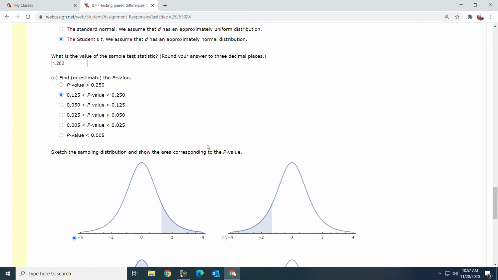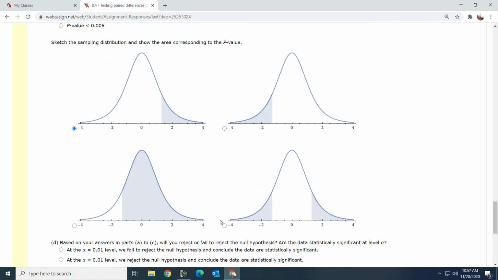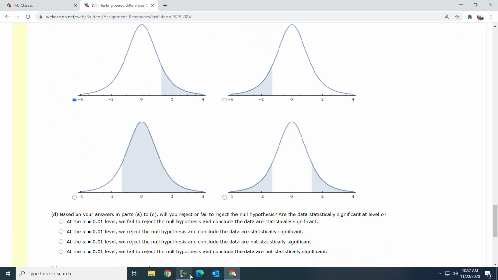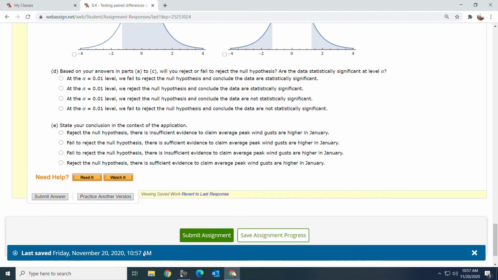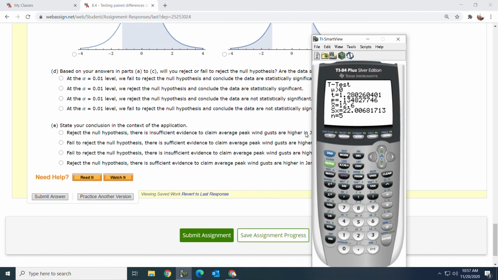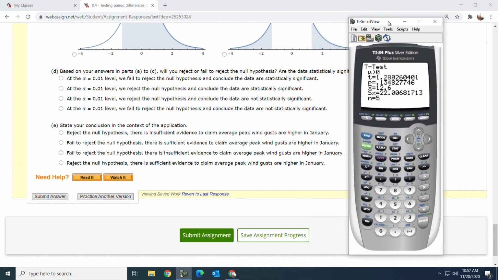Okay, now let's remember. Our p-value is 0.135 if you round to 3 places, which is definitely larger than alpha being 0.01.